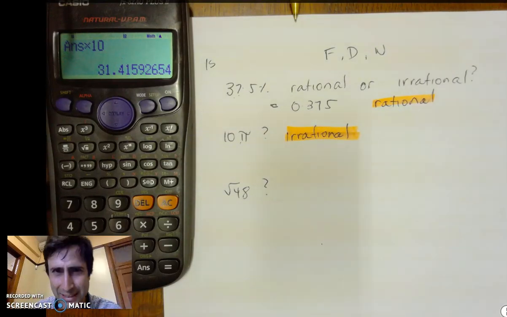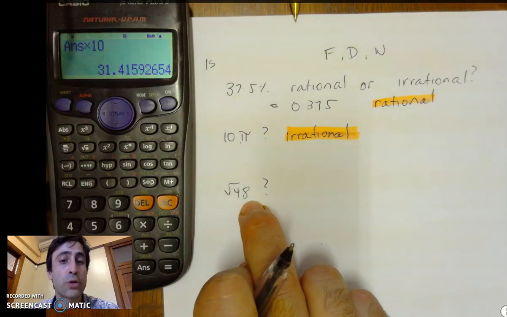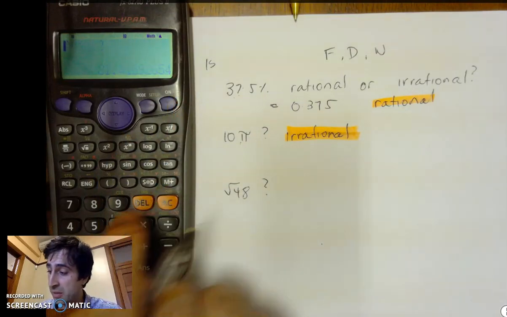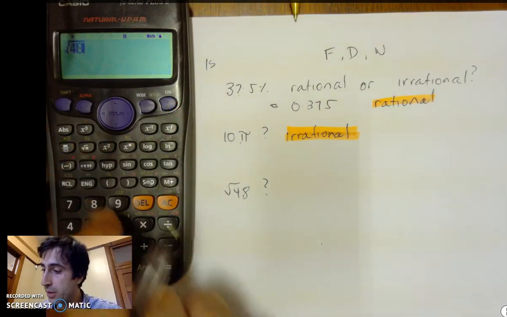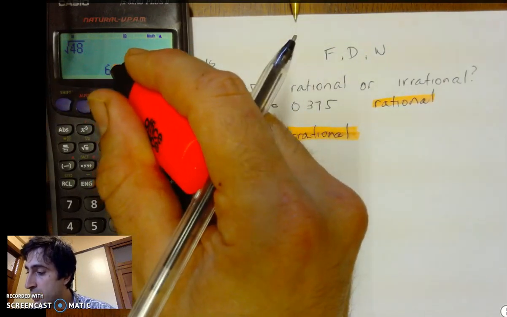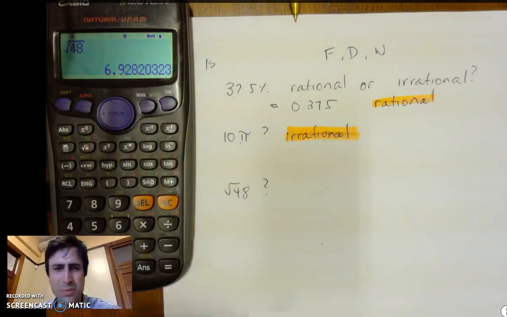It's crazy. Now, here we have one that's a little bit more familiar, like square root of 48. Let's whack it into the calculator and see. Square root 48, boom. Now we see here this is 6.928203, so we've got 10 places here.